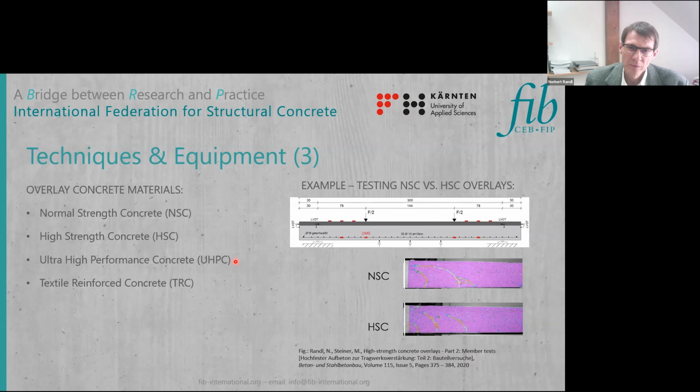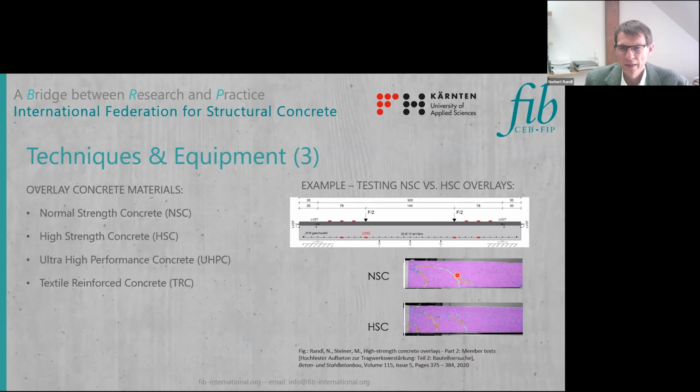Just to show you a test result, which we did in our lab. You can see here a slab which we tested with a high strength overlay. And we compared the behavior of such overlay with a normal strength overlay. And you can see the difference here in the digital image correlation-based photographs.